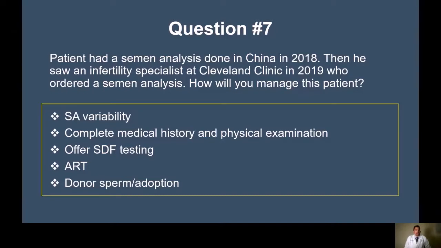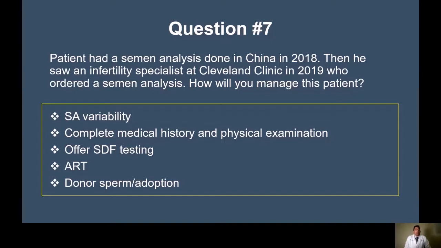I would obtain a complete medical history and physical examination for this patient, again looking for any modifiable risk factors that we can discuss, and would also offer sperm DNA fragmentation or some other sort of advanced sperm testing, as this patient has been having infertility for roughly 1 year at least.